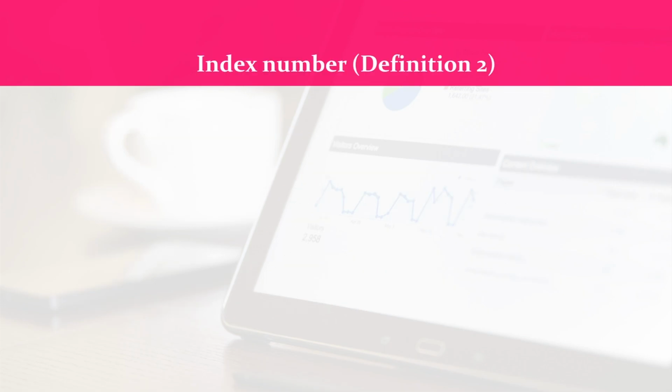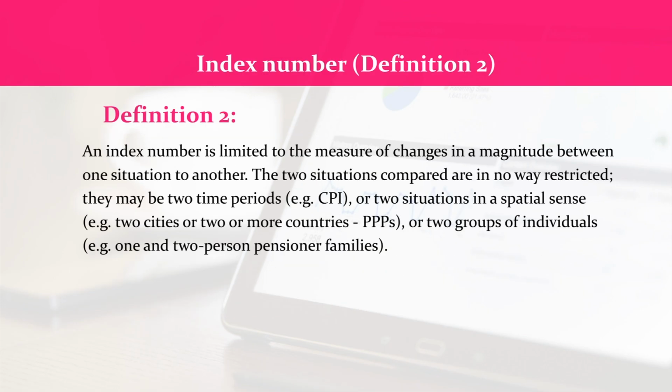So if you see this, an index number is limited to the measure of change in magnitude from one situation to another. The two situations compared are in no way restricted. They may be two time periods or two situations in a spatial sense, for example, two cities or two or more countries, or two groups of individuals, say pensioner families, which is considered to be one of the examples.